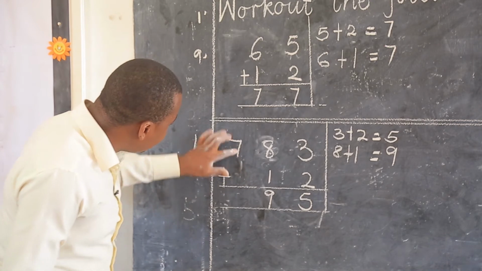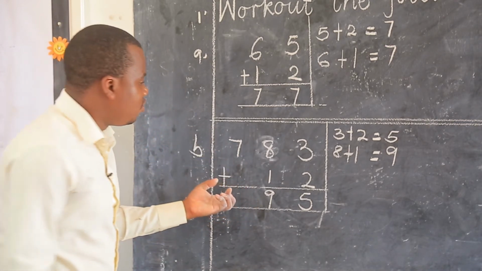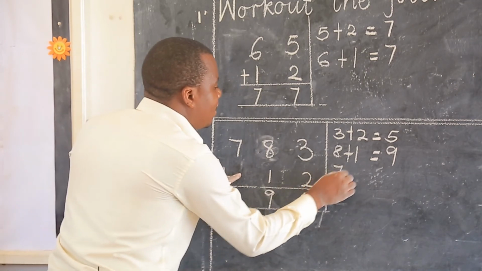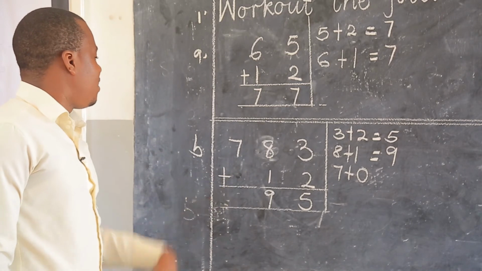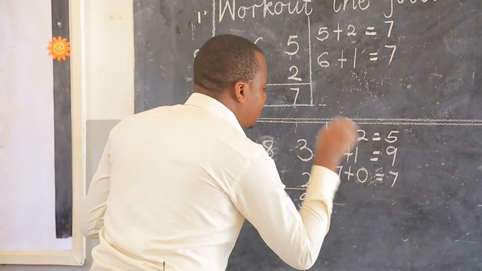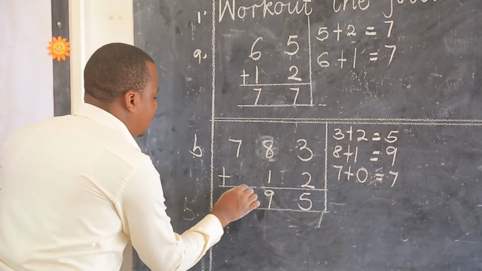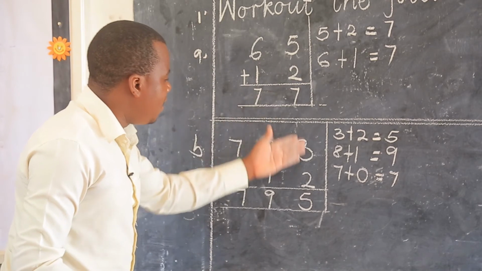Then down we have nothing. So what are we going to do, my good children? We are going to have 7 plus nothing. We can use this 0 to mean nothing. Because there is nothing, so there is 0. 7 plus 0 equals 7. Come and write here 7 and make sure they are following the place values.